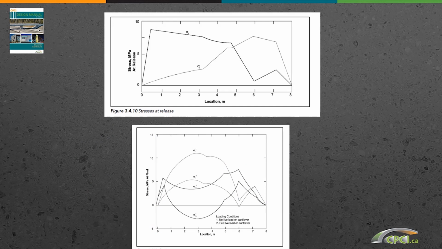And this graph here at the bottom is for the same example. These are the service limit state stresses for each and every strand type, the bonded and the debonded, top and bottom.